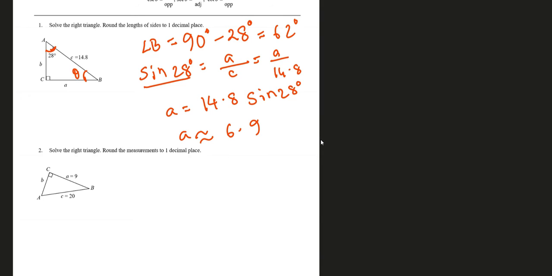Now similarly, if we want to find B, then we can use this angle theta. So we can write sine of 62 degrees equals B over 14.8, and then we can simplify this as B equals 14.8 times sine 62 degrees.